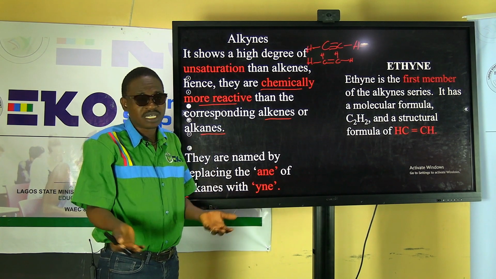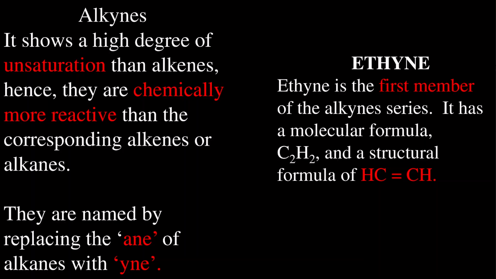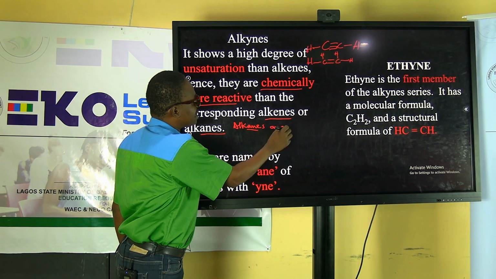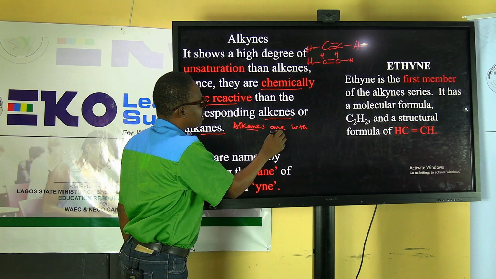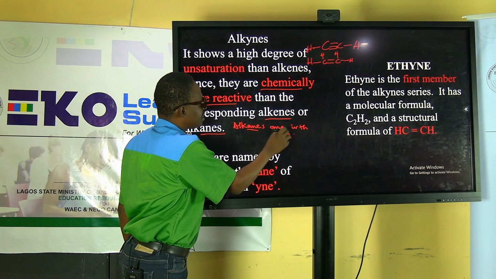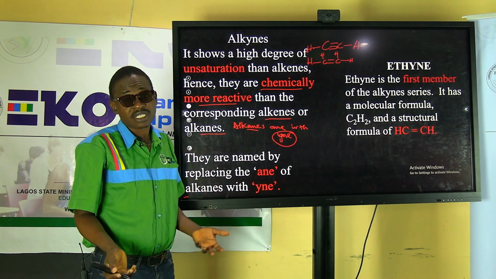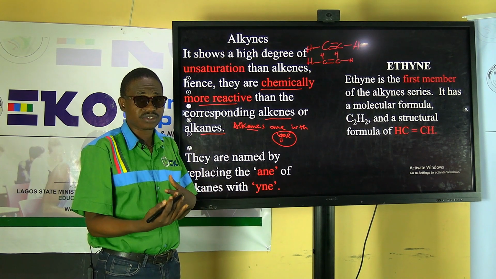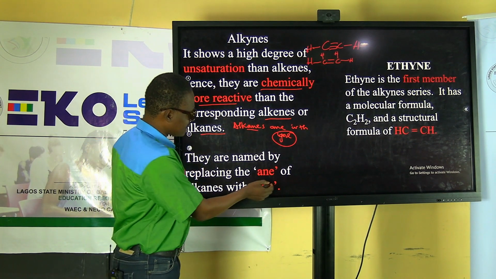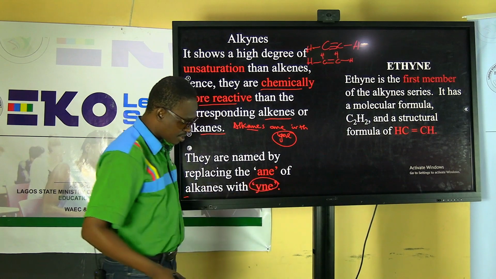So how do we name them? I've told you. They are named from alkenes by replacing A and E with what? With Y and E. So that is very, very important. Instead of writing A and E, you change it to Y and E, as you have it here.